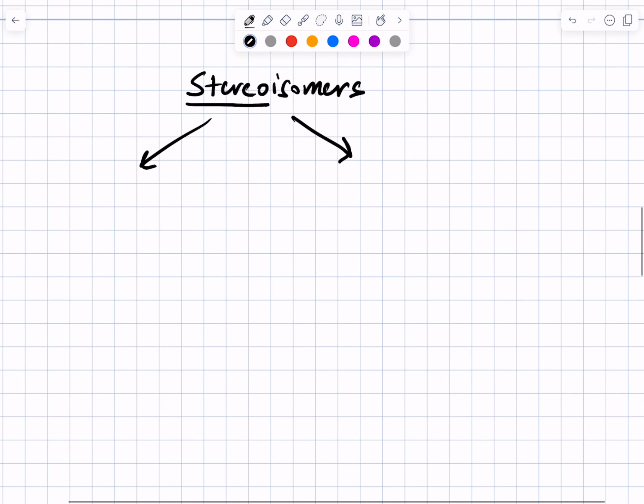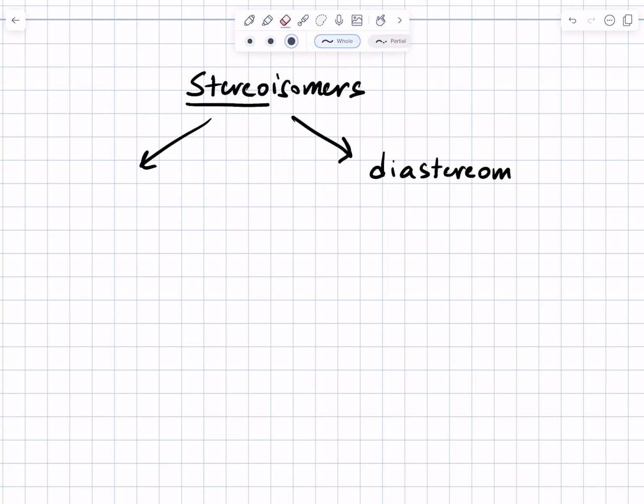All right. There are diastereomers. This was a term that was invented or starts showing up about 1935. It comes from stereomer, we're just getting rid of the iso. So stereoisomer, we've dropped the iso, and there's stereomer.